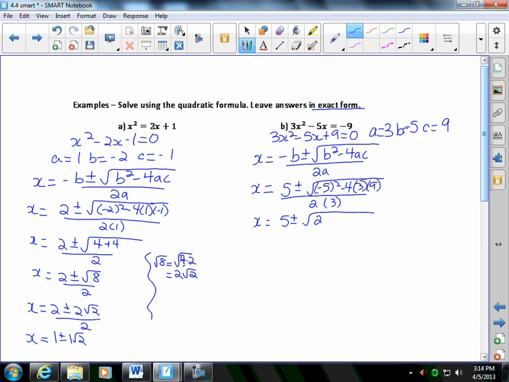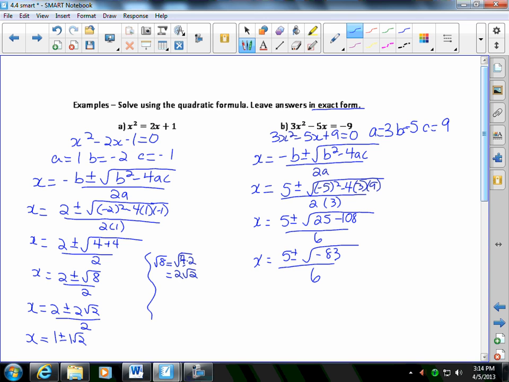So I have 25 minus 4 times 3, which is 12, times 9, which is 108, and that's all over 6. 25 minus 108 is a negative 83, over 6.